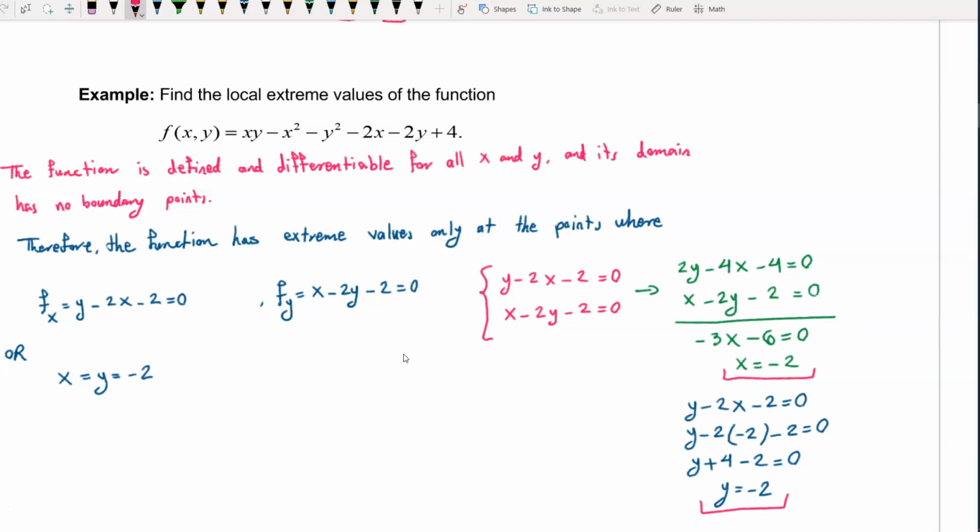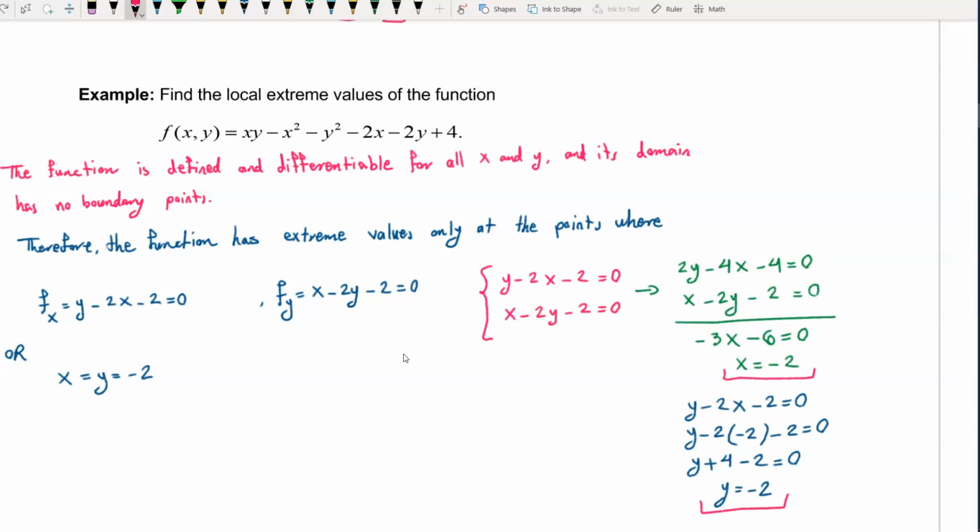I multiply the first one by 2, so we have 2y - 4x - 4 = 0, and we have x - 2y - 2 = 0. Adding, we can cancel 2y minus 2y, which is 0. Then negative 4x plus x is negative 3x, and negative 4 plus negative 2 is negative 6, and this equals 0.